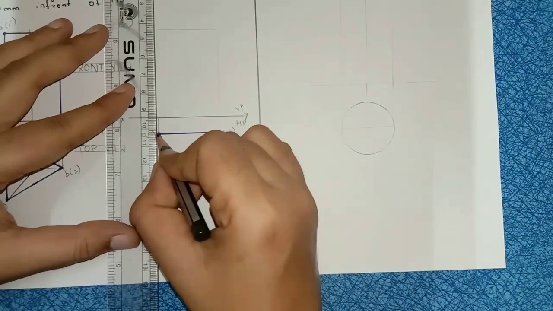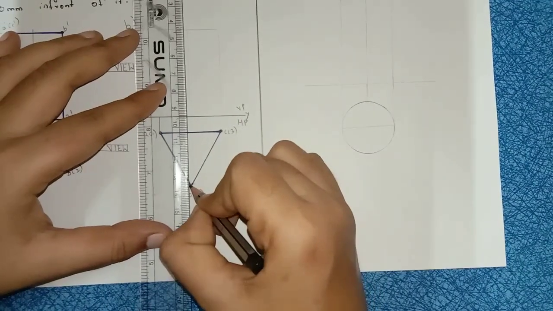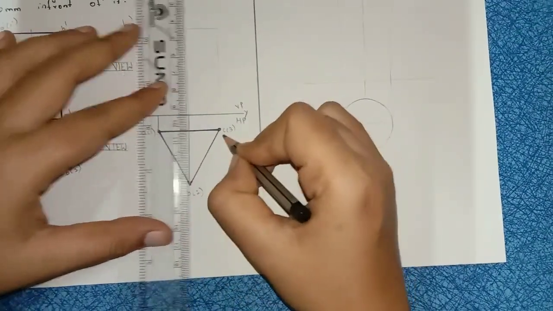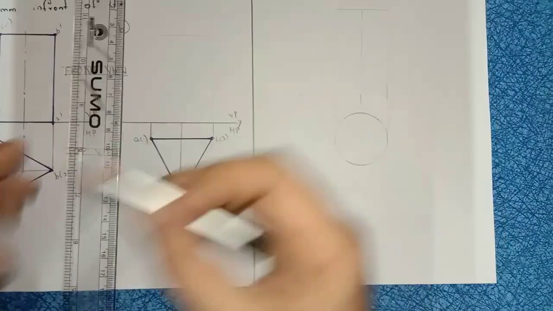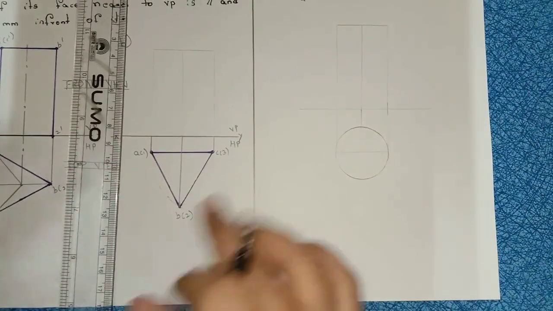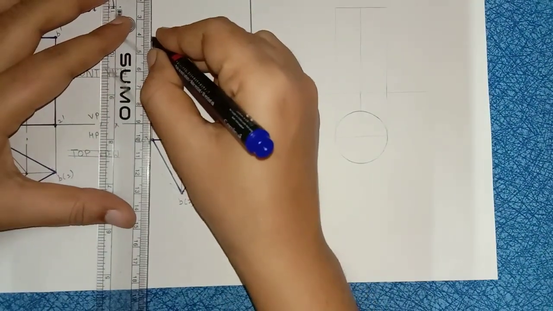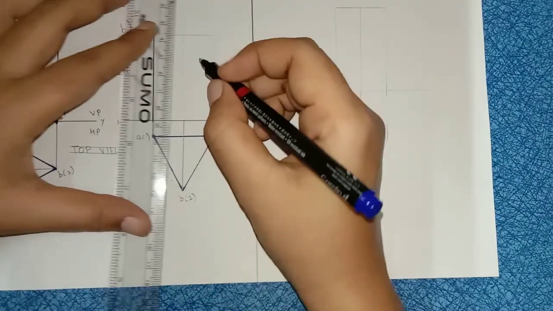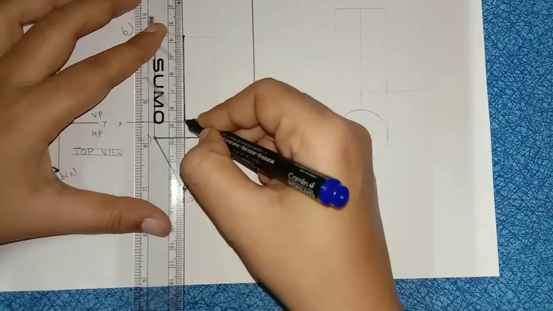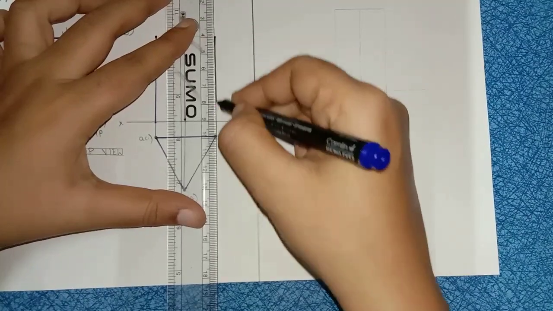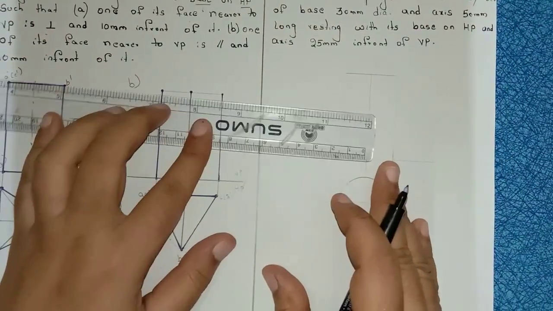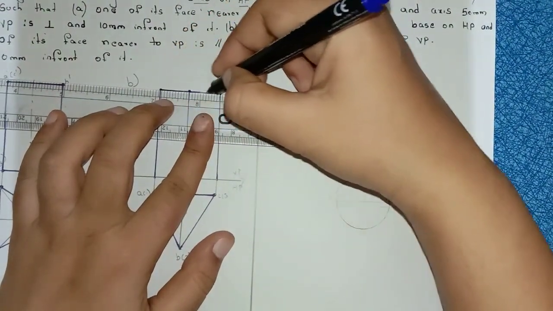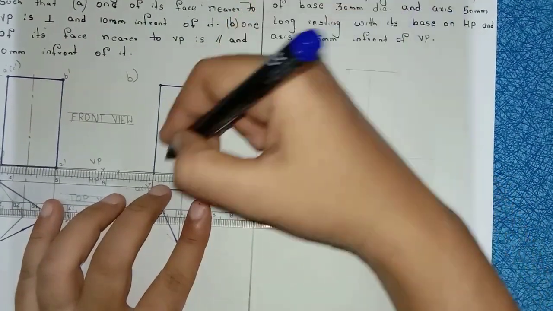From a project the line, from b project the line, from c project the line till the reference line. Now here the axis height is 50. I am taking 50 mm height, 50 mm height, and here 50 mm height. Now join this one and join here.